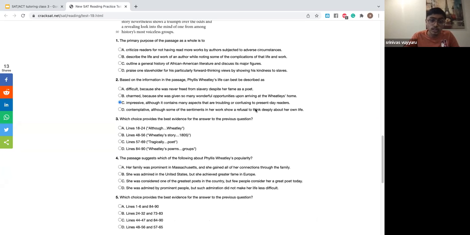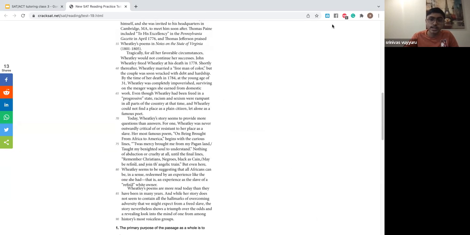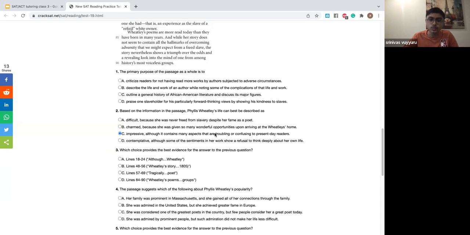And it also talks about how her story became really tragic afterwards due to all the stuff that happened after she was freed. And that is why the troubling part is here. The impressive part is because all of her poetic achievements were amazing for that time.